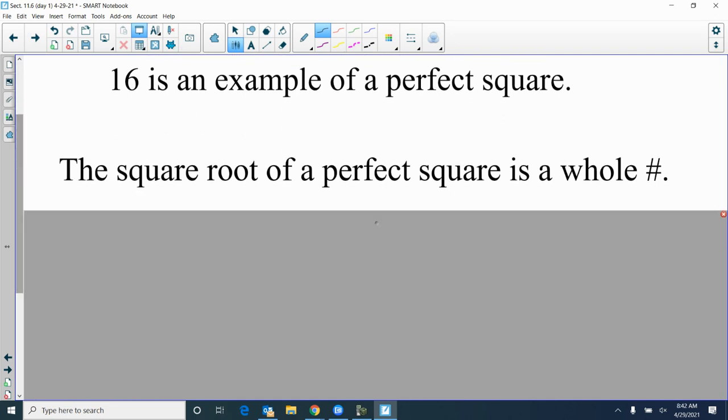This becomes a heck of a lot easier if you memorize the first 7 to 10 numbers on your guided notes, where the square root of 1 is 1. If you memorize 1, 2, 3, 4, 5, all the way through 10 and what they will square to, it makes your life a lot easier.